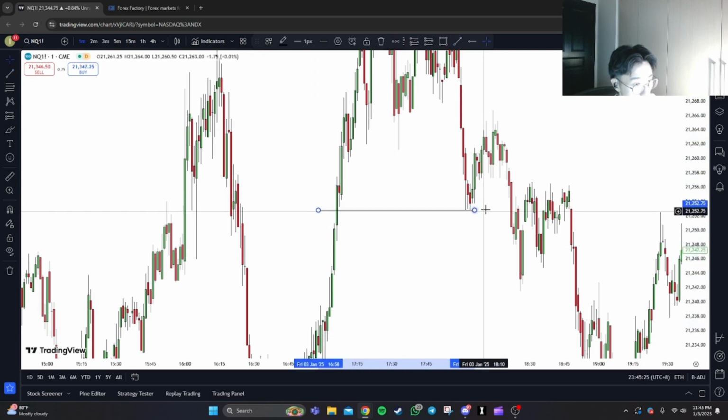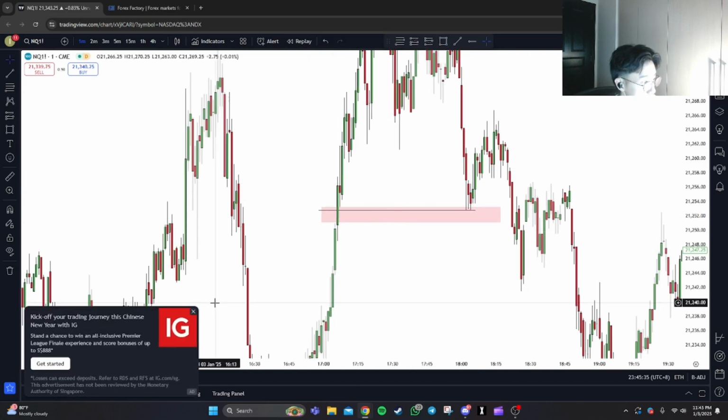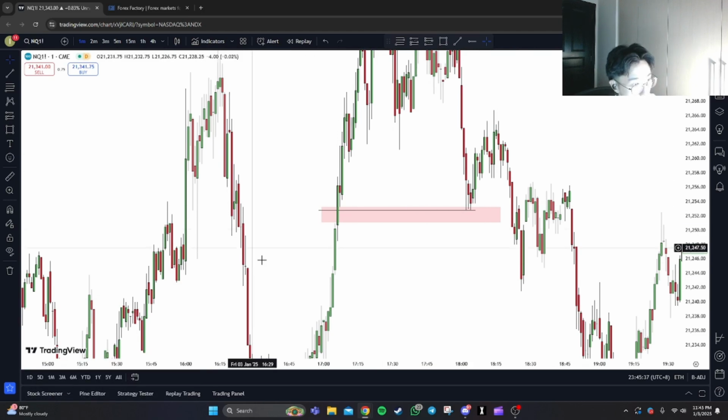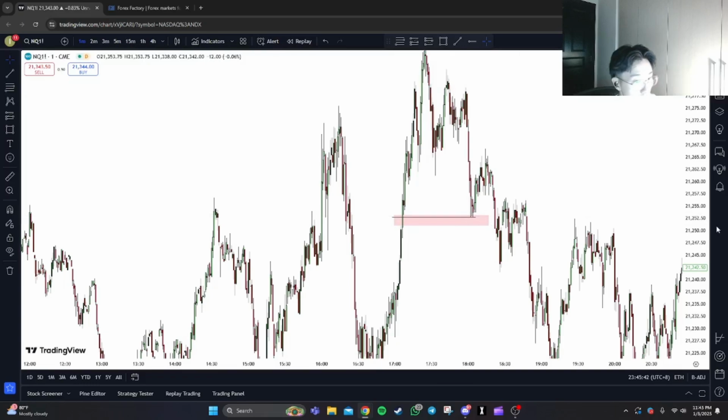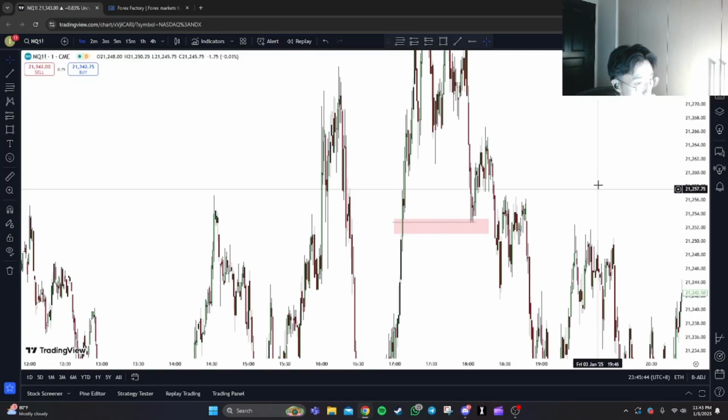This is an example of liquidity in an imbalance, and an imbalance is a fair value gap, which is what you'll be learning next video. I'm just going to draw out a fair value gap right now. From this you can tell what a fair value gap is. So just take note of those 4 liquidity points for now.